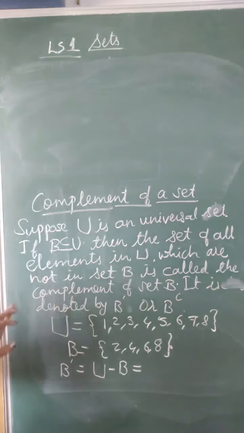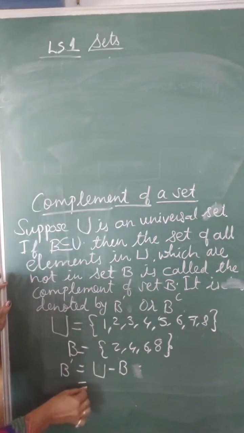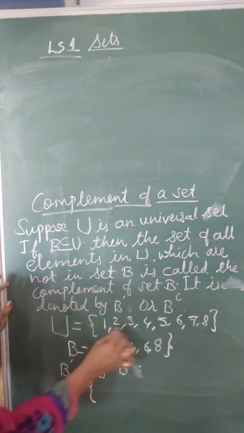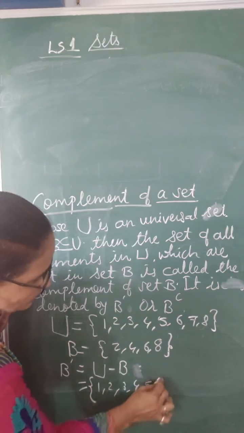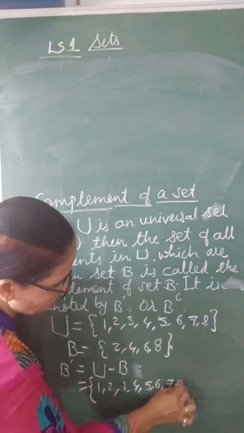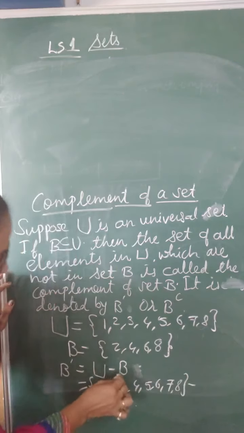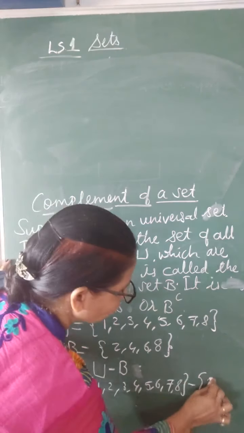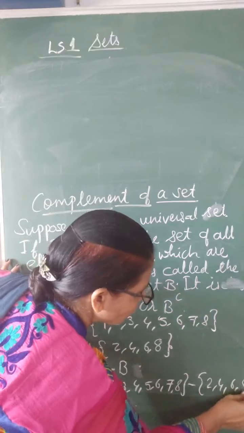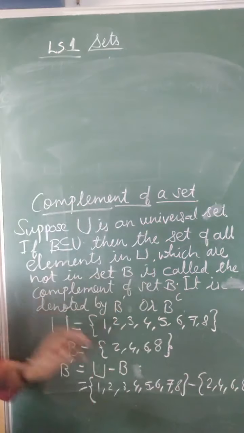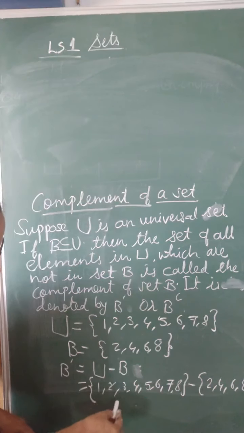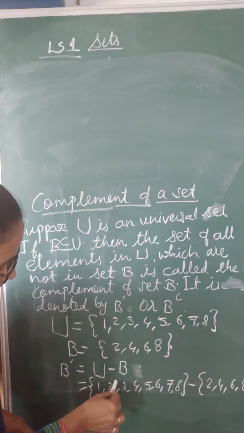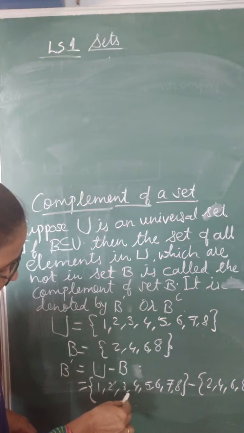Get it? Now U minus B means, write all the elements of U first: 1, 2, 3, 4, 5, 6, 7 and 8, minus B. What are the elements of B? 2, 4, 6, 8. Now cancel 2, 4, 6, 8 from the universal set. I am just showing you this to make it easy for you.